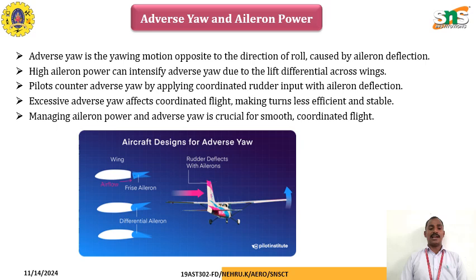Coming to the adverse yaw and aileron power, adverse yaw is a yawing motion opposite to the direction of roll caused by aileron deflection. High aileron power can intensify adverse yaw due to lift difference across the wing. Pilots counter the adverse yaw by applying coordinated rudder inputs with aileron deflection.